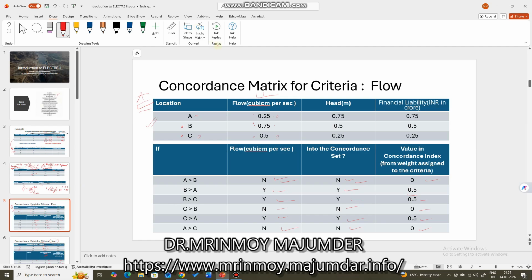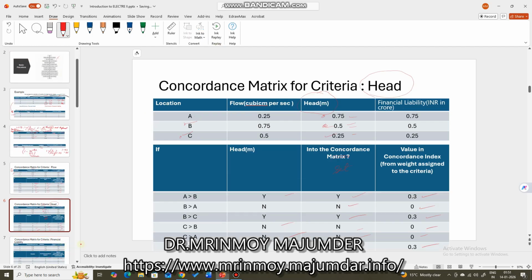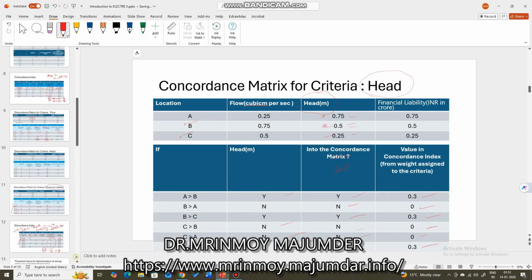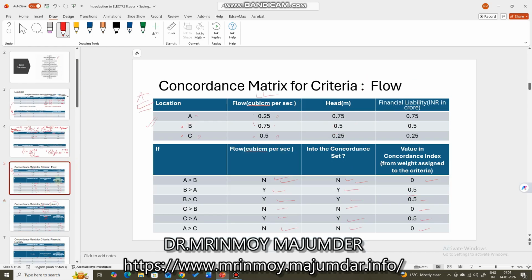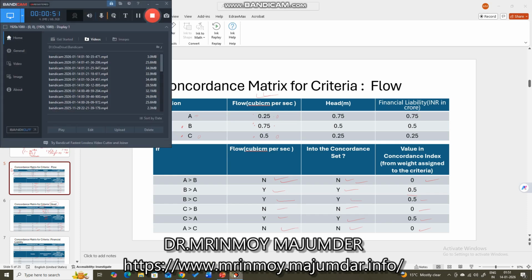Then we start to develop the concordance matrix for the criteria flow, head, and financial liability. How we have done it, I have already discussed. I will not discuss it multiple times because it will only make the video lengthy.